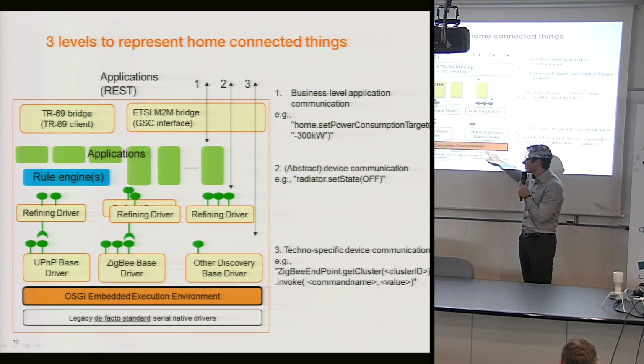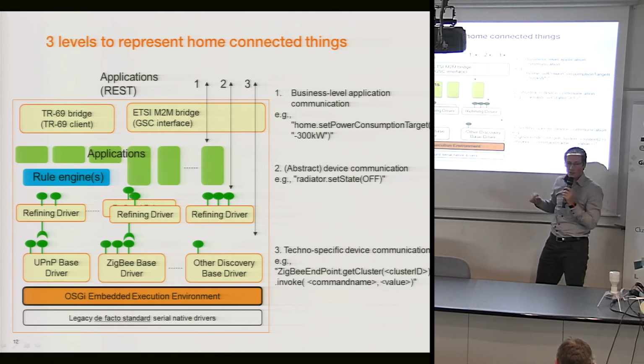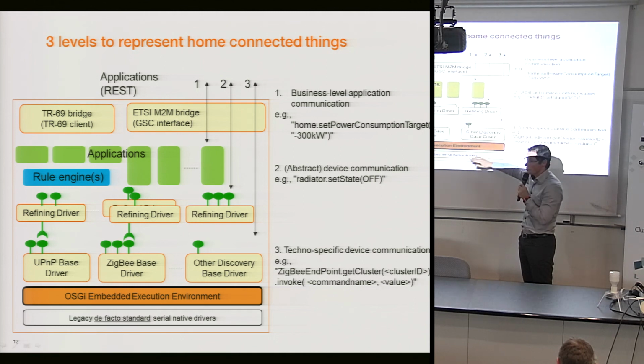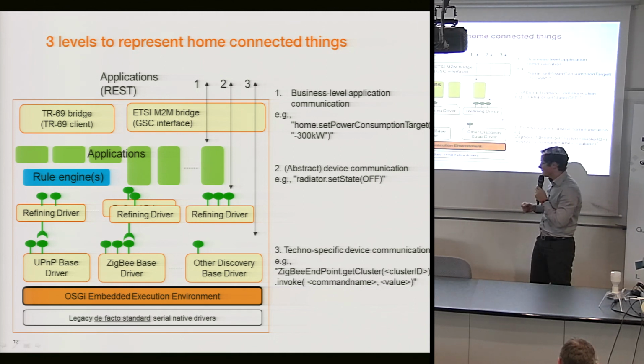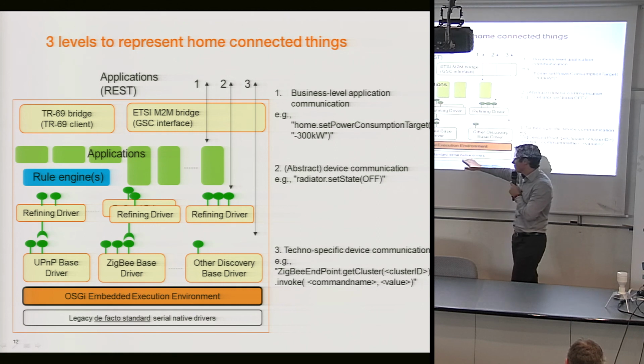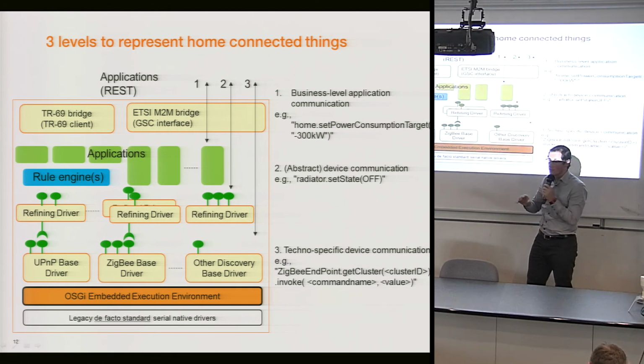With this requirement, we have shown marketing people and product owners in Orange that we could install it without requiring any updates of the Linux OS that was in Livebox Play. So here we just need the legacy de facto standard serial drivers that are always in Linux systems, in every home gateway in the world, or at least 99% of them.